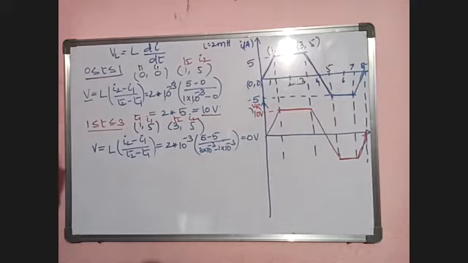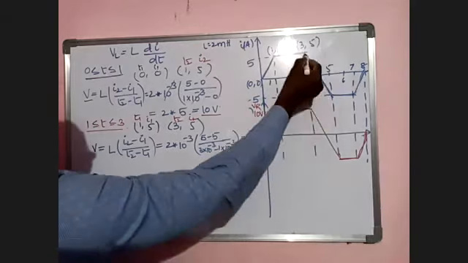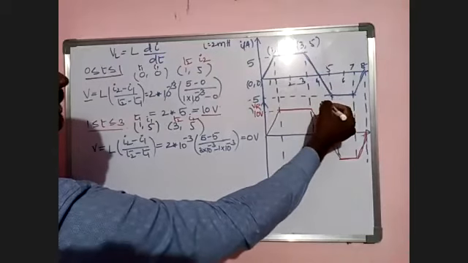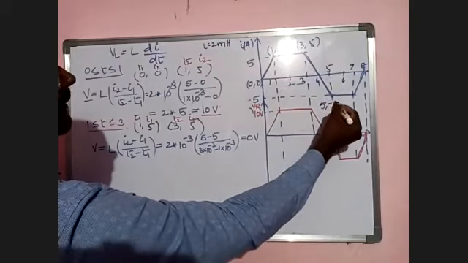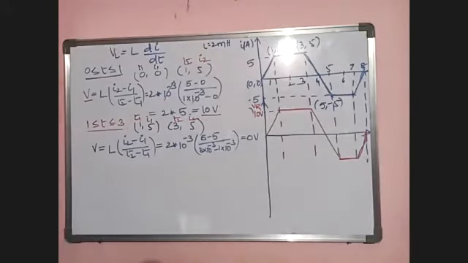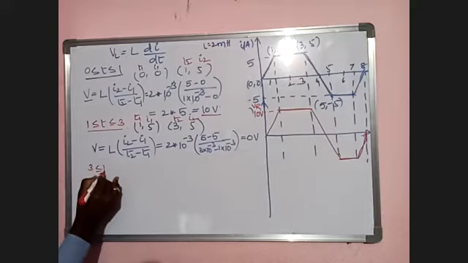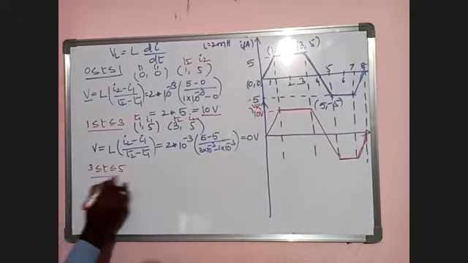Okay. Then you come to the third linear portion, from 3 to 5. 3 less than or equal to t less than or equal to 5.